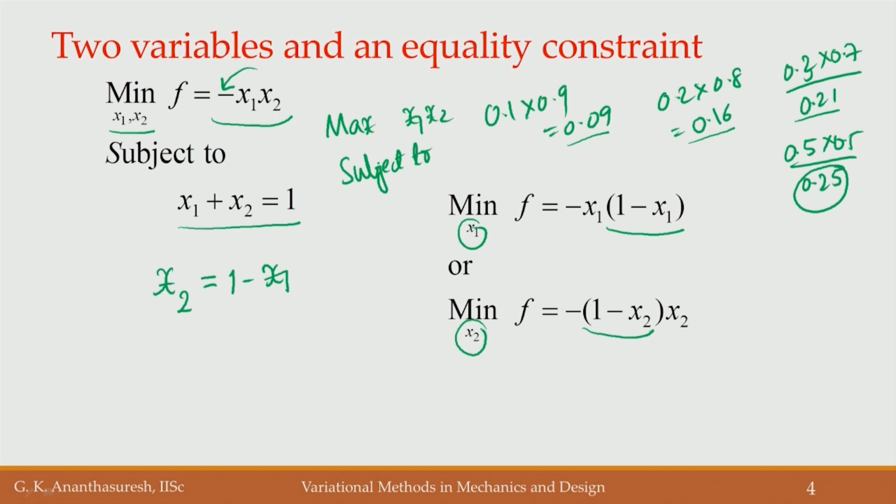Okay. Now if you want to solve it, let us say this problem I want to solve. If you recall from our previous lecture on unconstrained minimization, if this is f, then the necessary condition is dou f by dou x1, which in this case is minus 1 plus 2 x1, and that should be equal to 0.